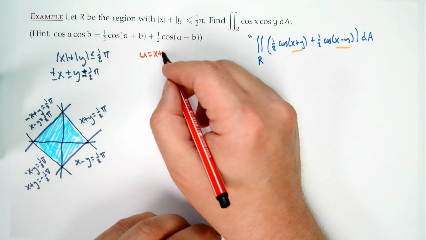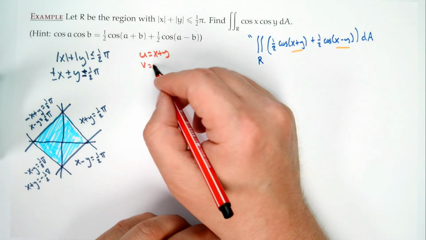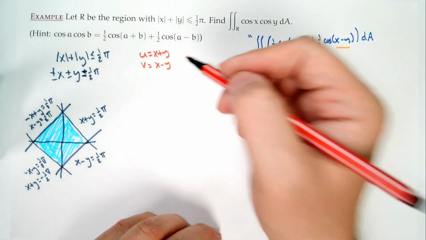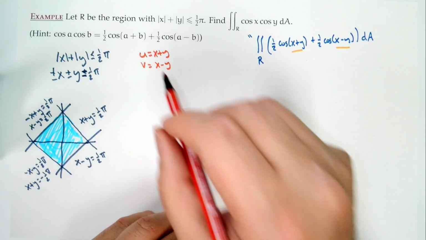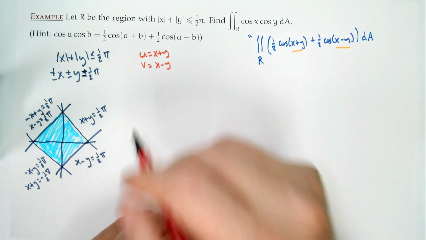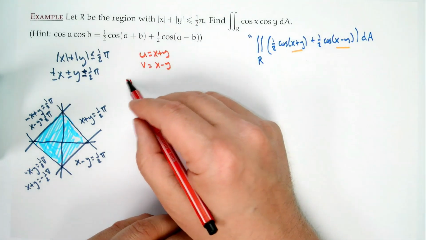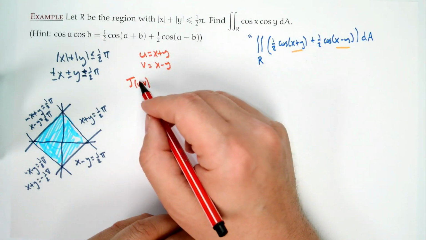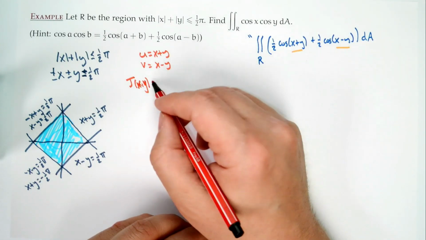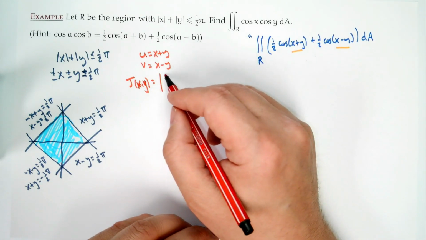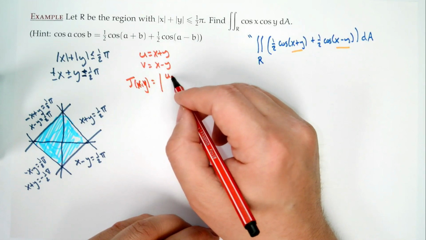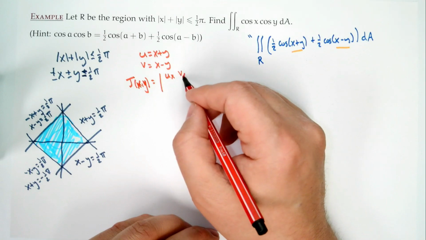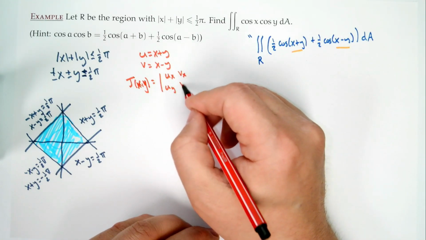So, we're going to make the following substitution. u is x plus y, v is x minus y. So there's our substitution, our first step. Now let's do our Jacobian. So we do our Jacobian of u, v with respect to x, y, which is equal to the determinant of u sub x, v sub x, u sub y, v sub y.